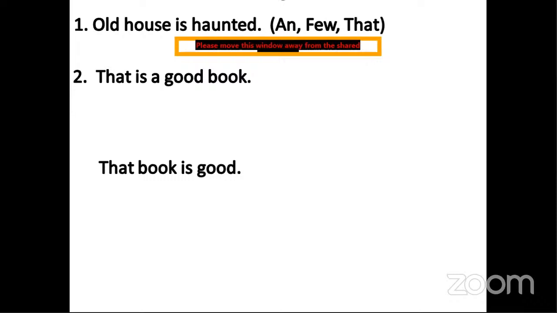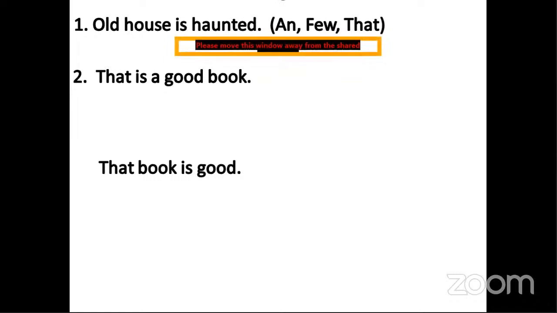No, this is also not correct. So our correct answer will be that old house is haunted. And we know that the determiner has to be placed before a noun, or before the adjective if there is an adjective. The noun is house and the adjective is old. So our correct sentence is that old house is haunted.